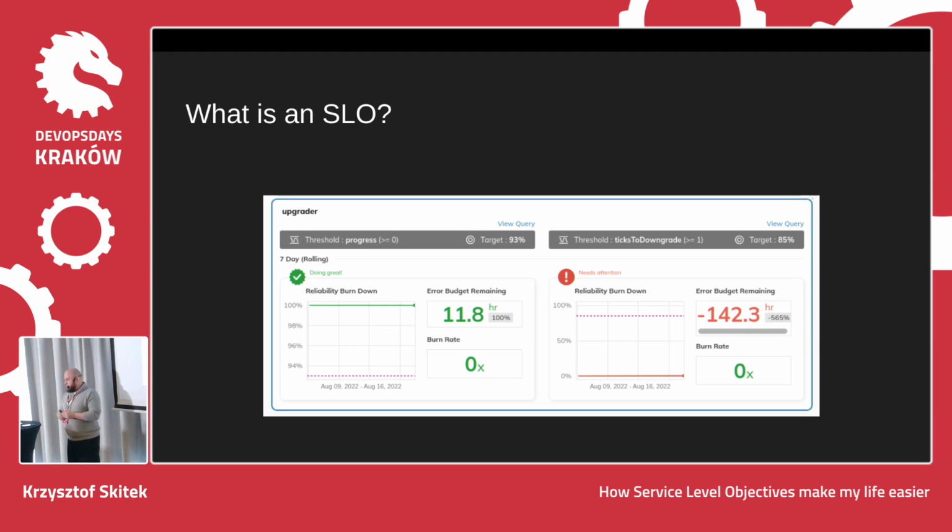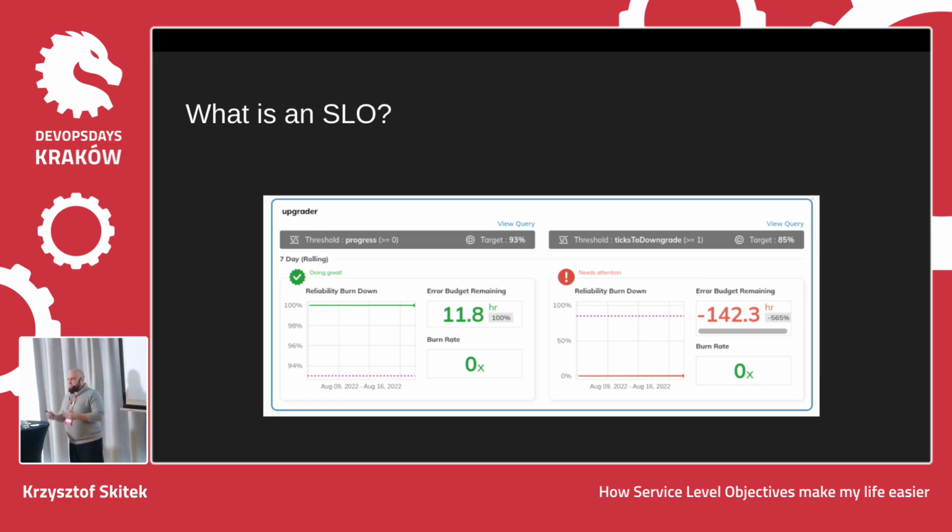I have here a target set to 93%, and I am observing this SLO within a 7 day window. This translates into 12 hours of error budget. This means that this upgrader service can be down for 12 hours.